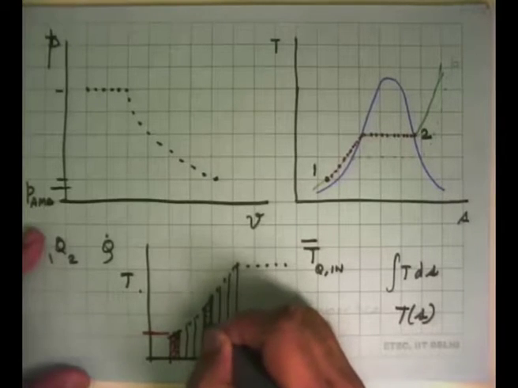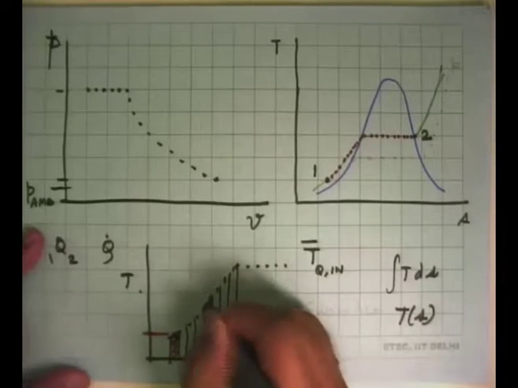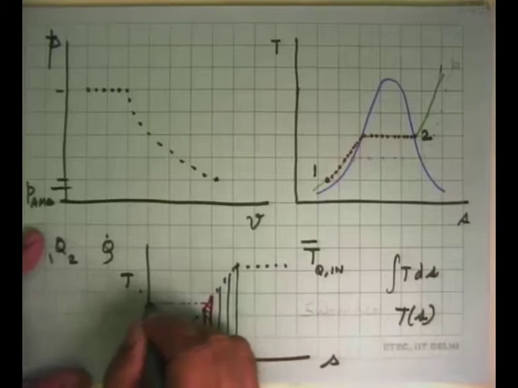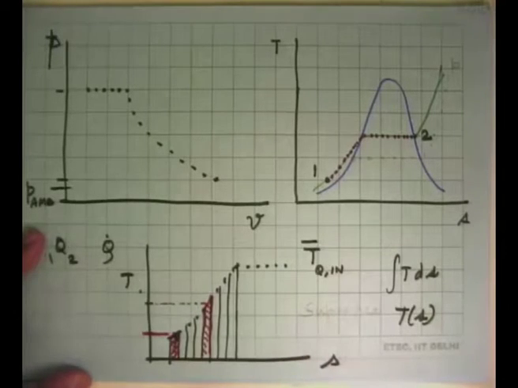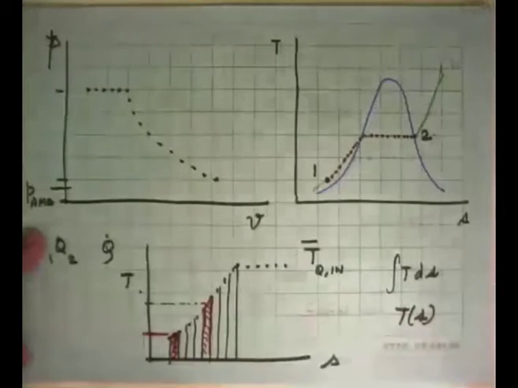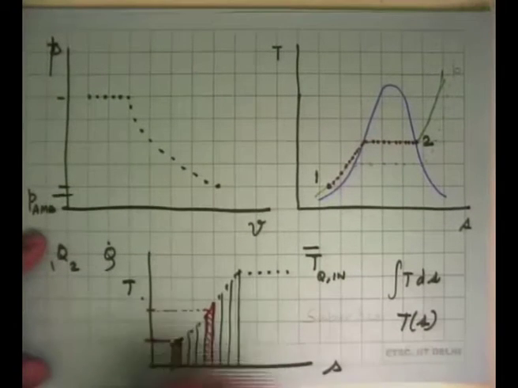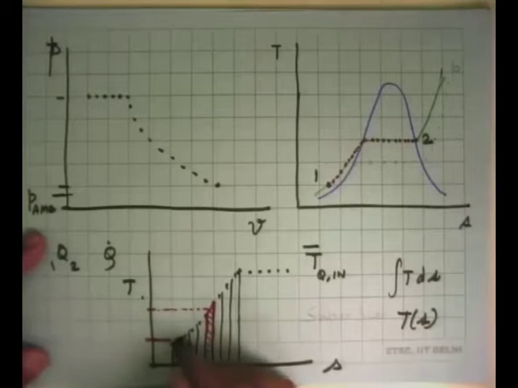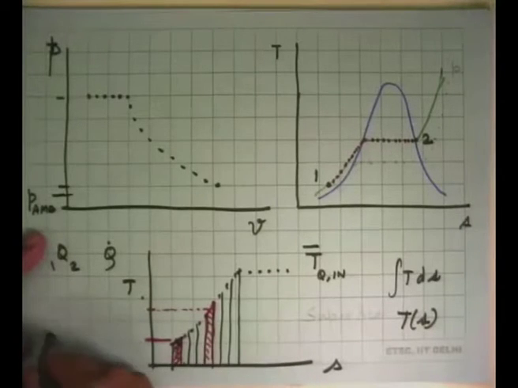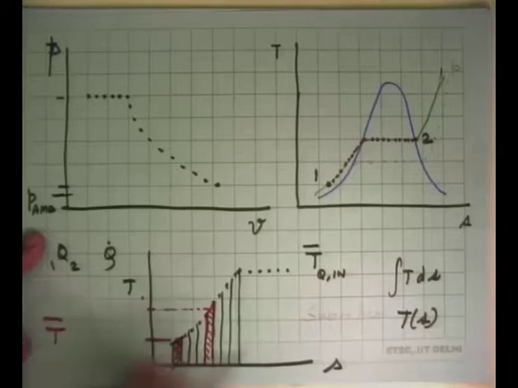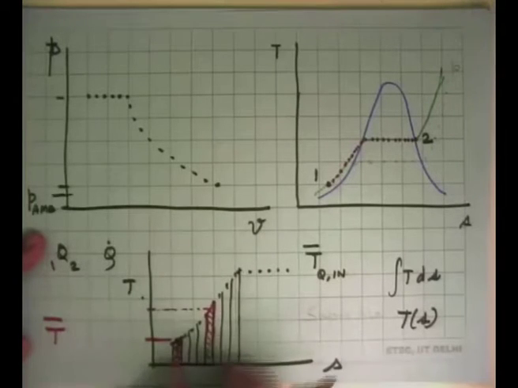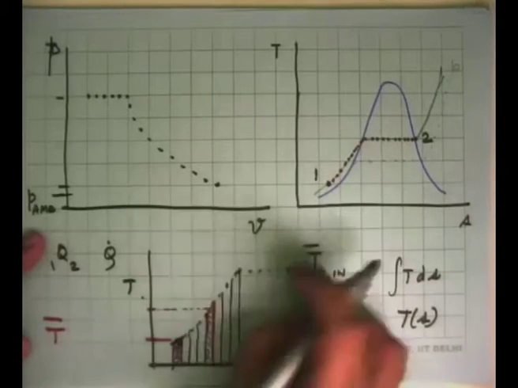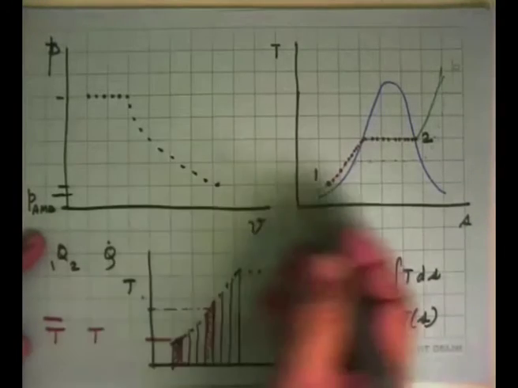Well, this much heat got added, and the average temperature at which this heat got added was this much. So like that we can integrate it and then compute from here that this much heat was added at this temperature, this much at this temperature, this much at this temperature. So we can get some sort of an average temperature at which we added this heat. And this temperature was constant there, say we call it T2.